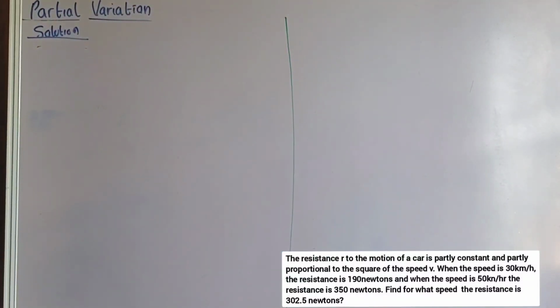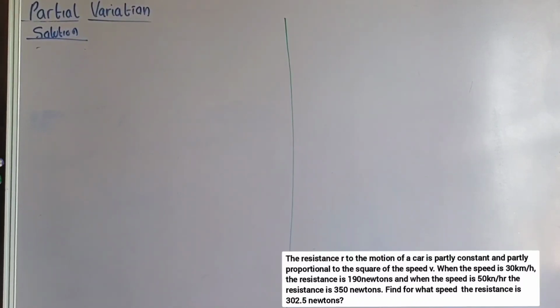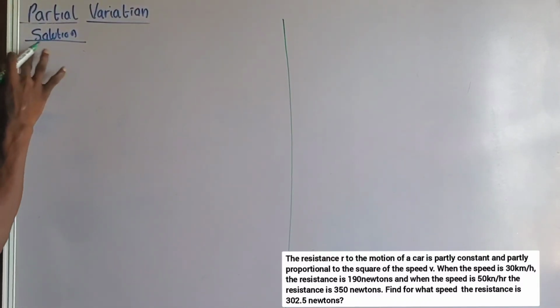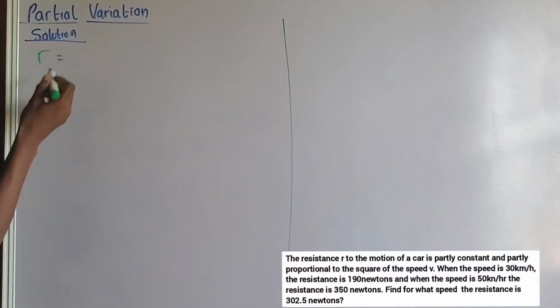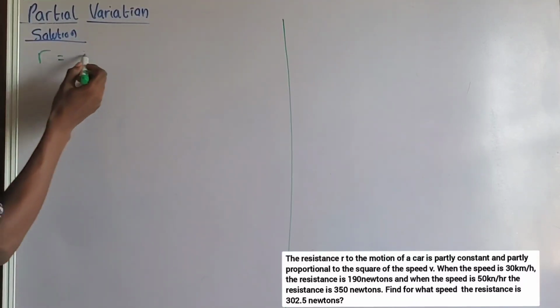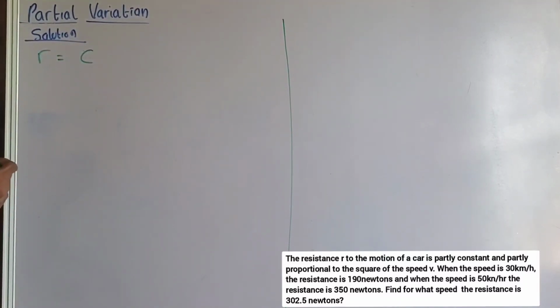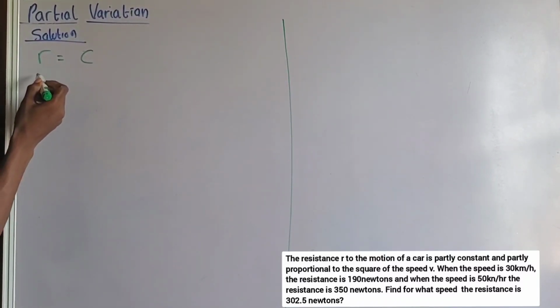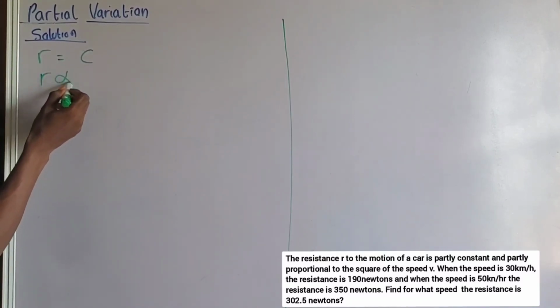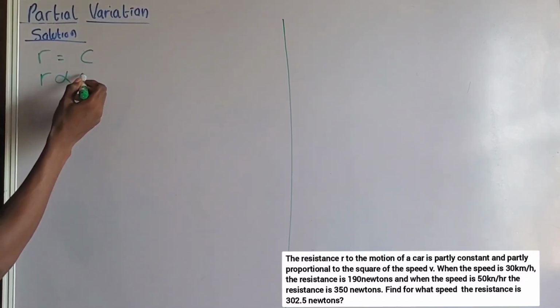Now, the resistance R to the motion of a car is partly constant. So R is partly constant. Let us represent the constant as C. R equals C, and the resistance is also partly proportional to the square of the speed.